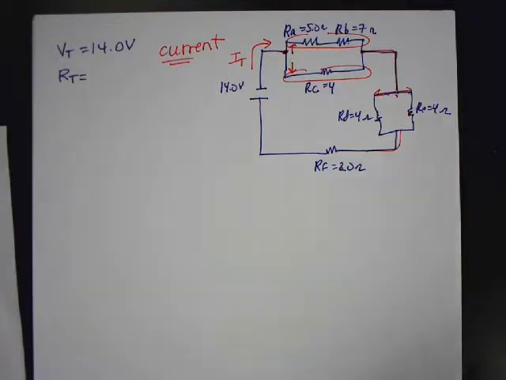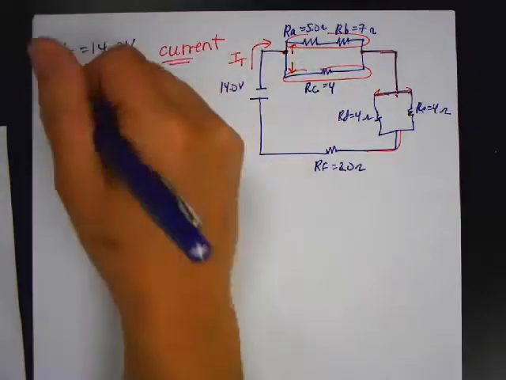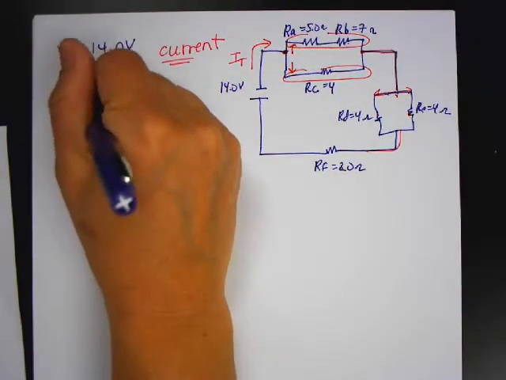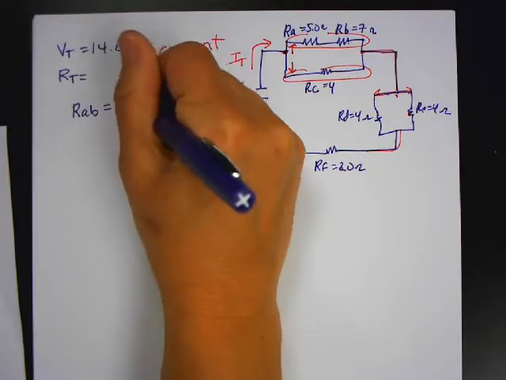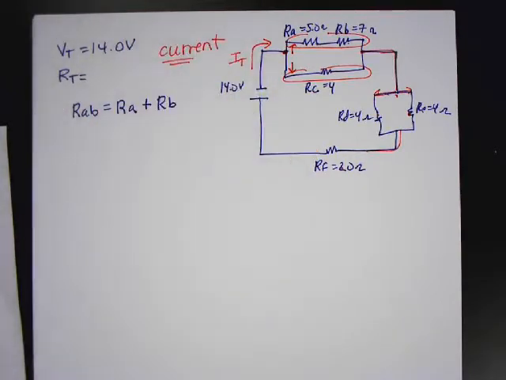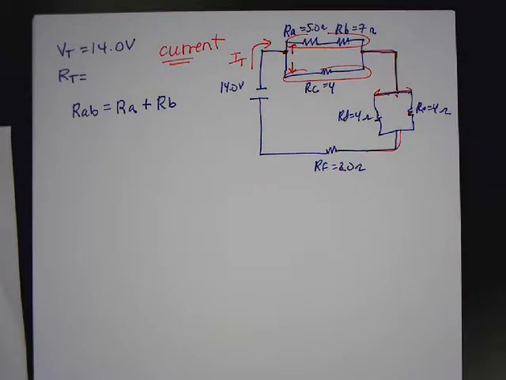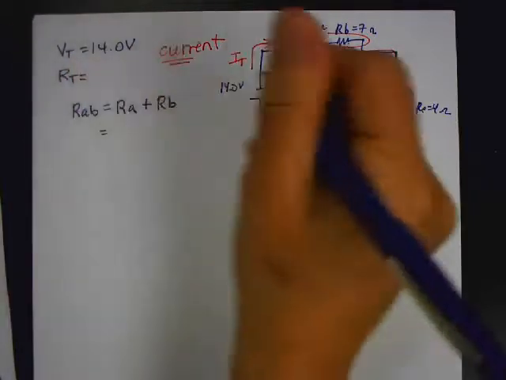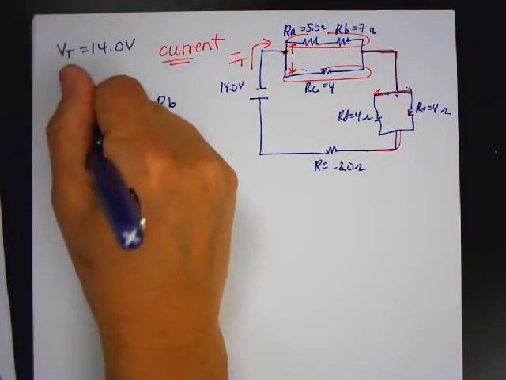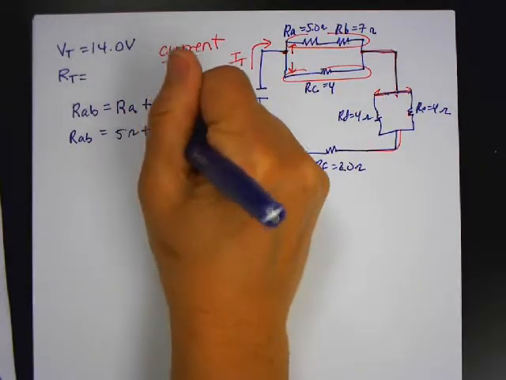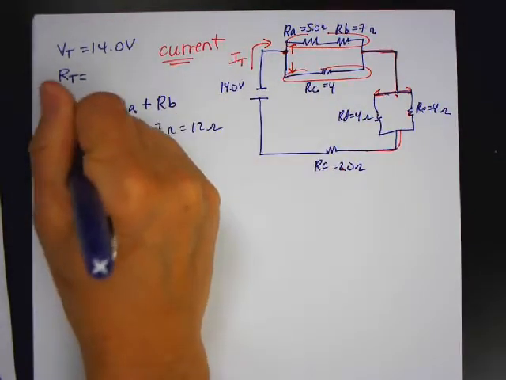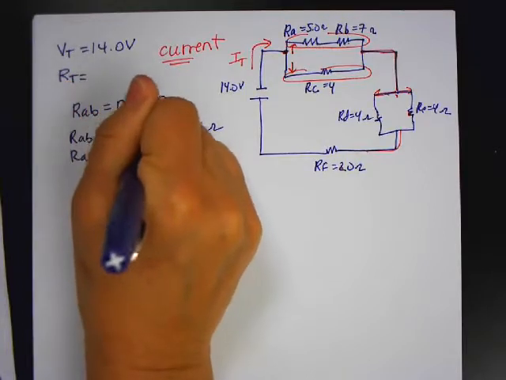So I can say RAB is equal to RA plus RB, right? So if I do that, RAB is equal to 5 ohms plus 7 ohms, which is 12 ohms. So RAB is equal to 12 ohms.